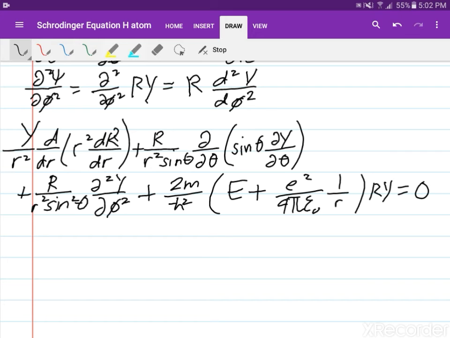So notice the changes that we have made in this equation. They should be obvious.